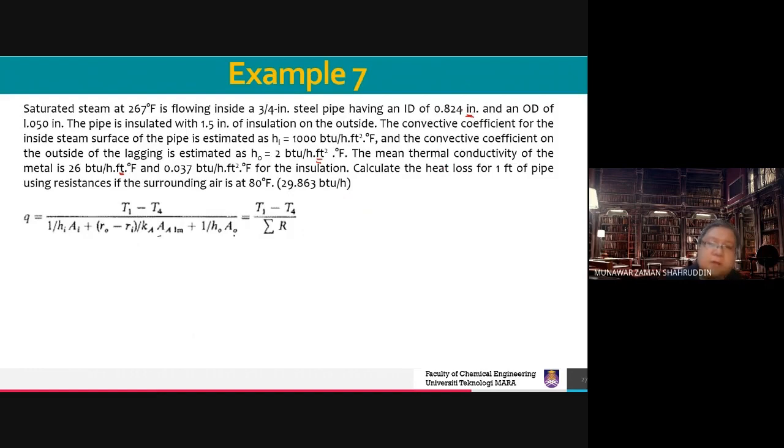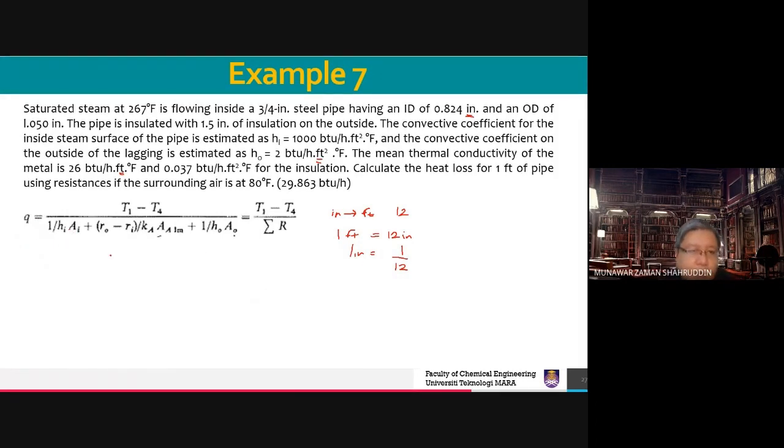We have R in units of inch, so we have to change it to feet. The factor is 12: 1 foot is 12 inch, so for 1 inch you divide by 12. Check again later, I think that's right.